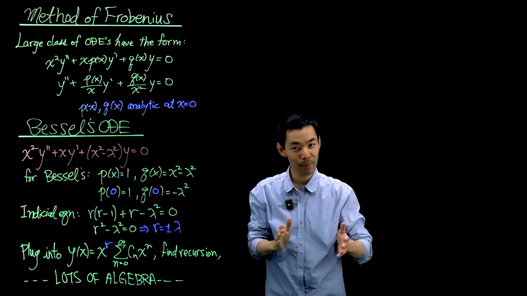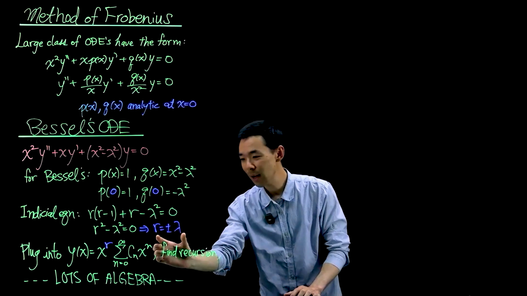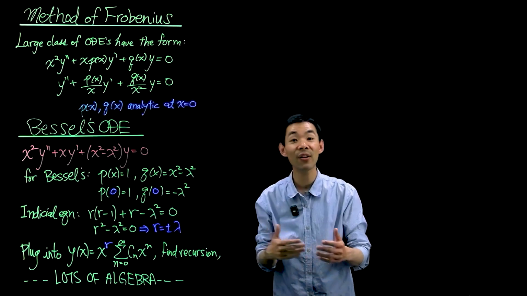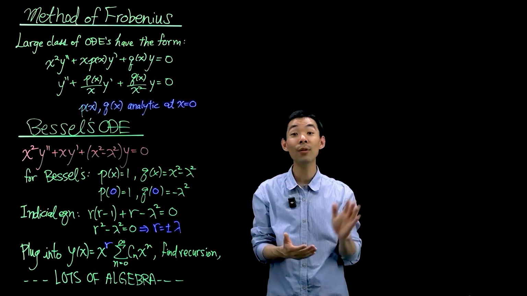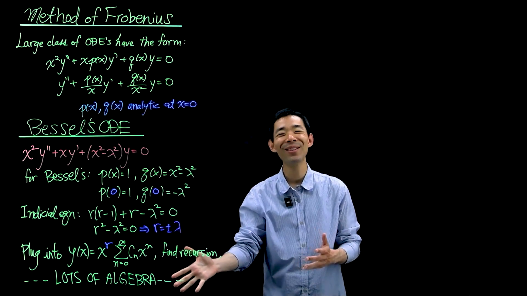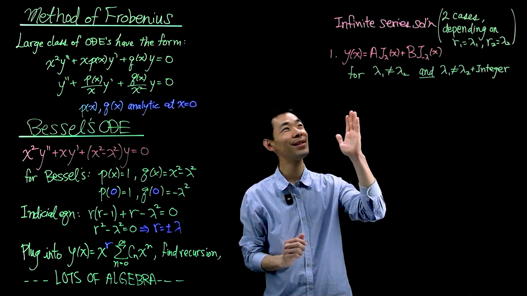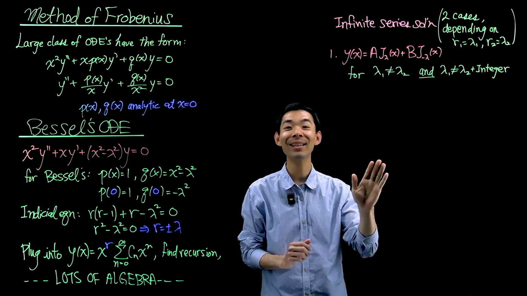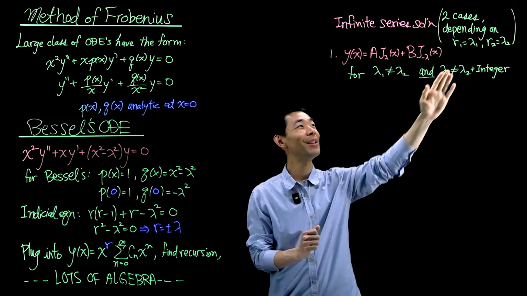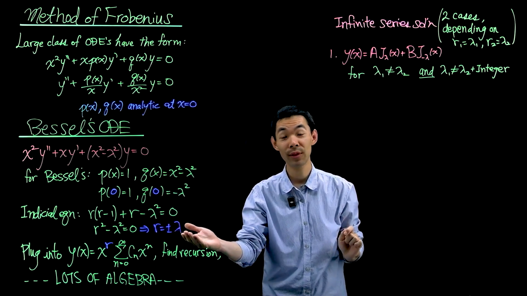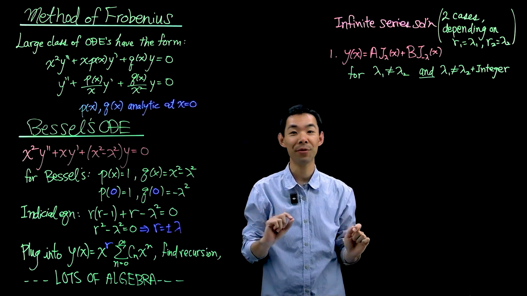Now, like I just mentioned a minute ago, depending on the precise value of lambda, you're going to get different solutions because of those three different cases. After you go through this cumbersome procedure, you're going to get an infinite series solution, and it's going to depend on the value of lambda 1 and lambda 2, which are your roots for the indicial equation.